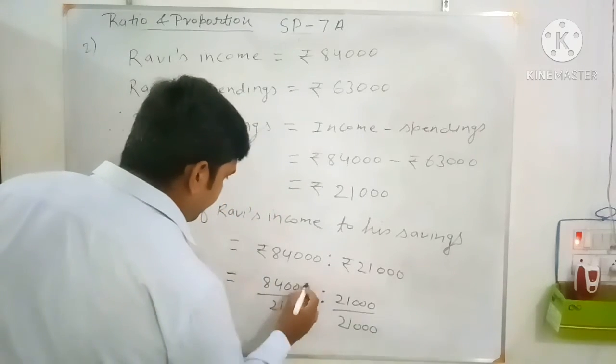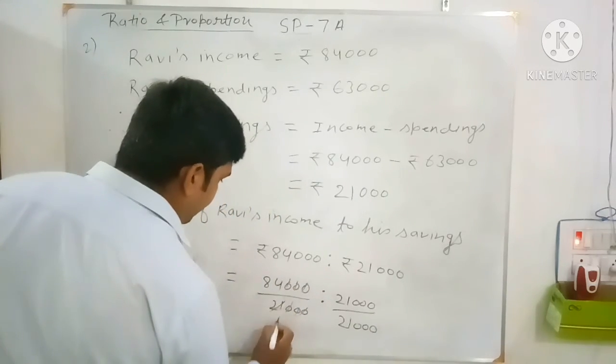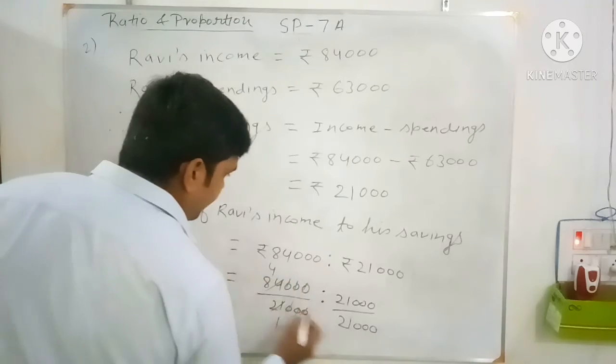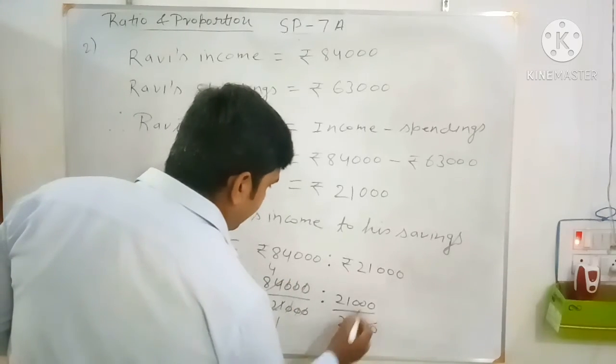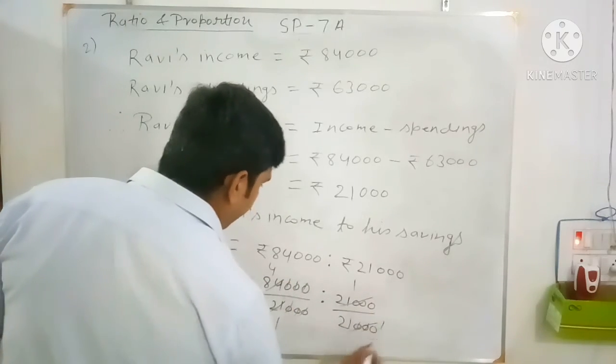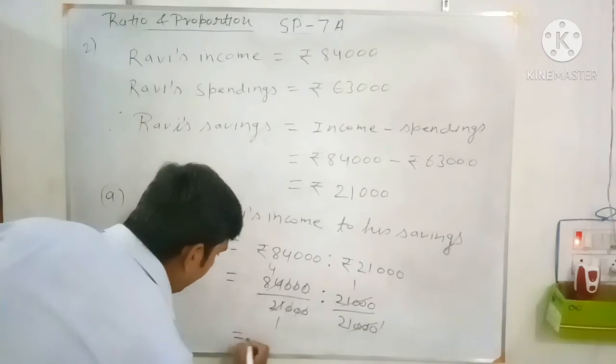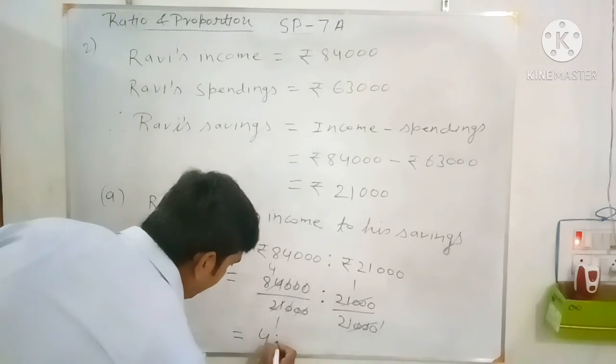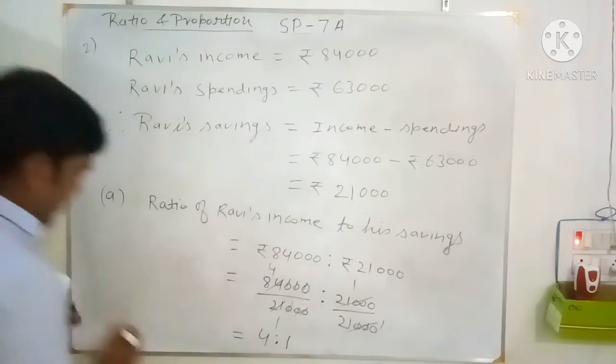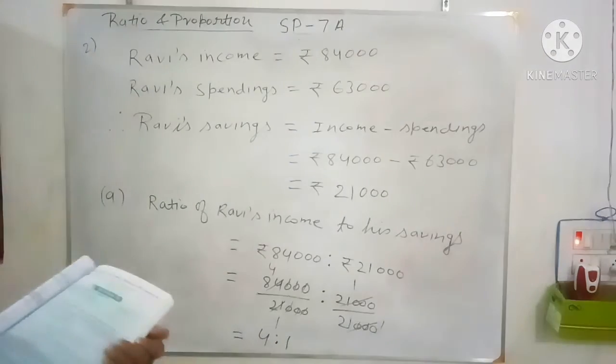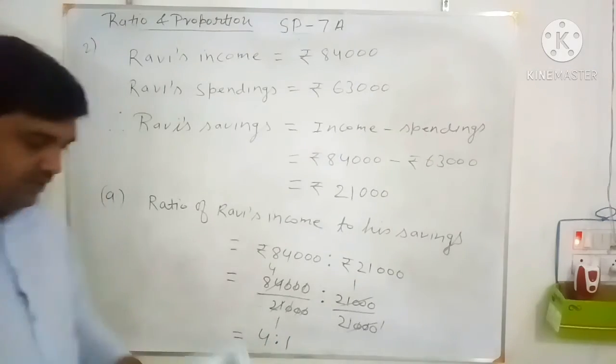Now see, zeros cancel. 21 ones are 21, 21 fours are 84. Here 21,000 will be cancelled one time. So what ratio did you get? 4:1.